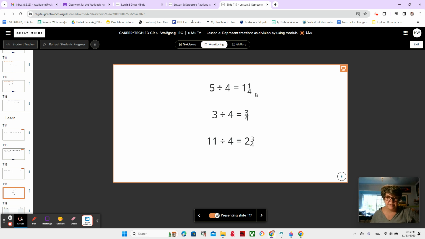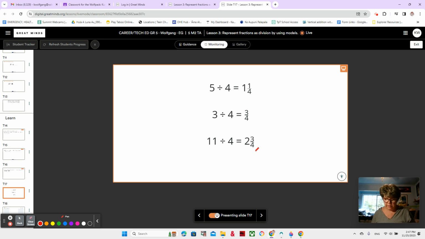This was the first one that we did, 5 divided by 4. This was our second one, and this is our third one. Okay, good. Good that you're noticing all of these things. Do you see how 5 divided by 4 is 1 1/4, and 11 divided by 4 is 2 3/4? That makes sense.